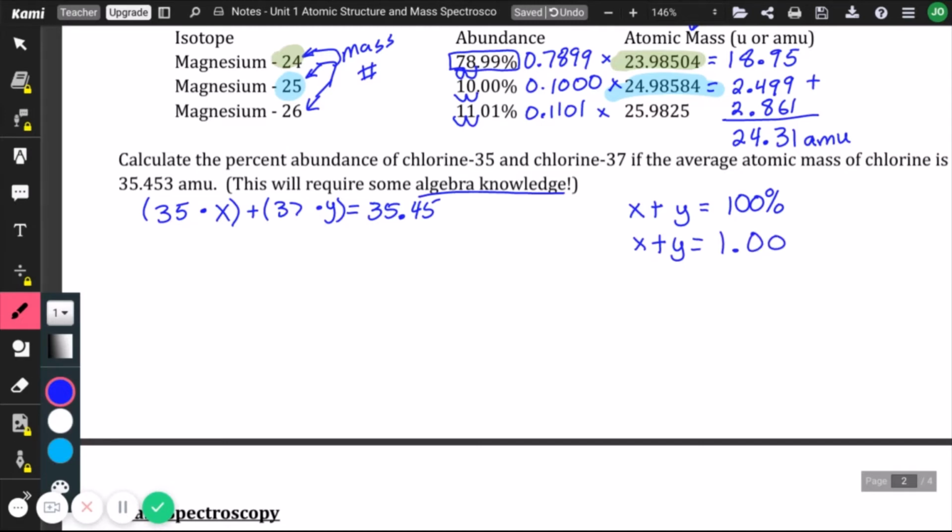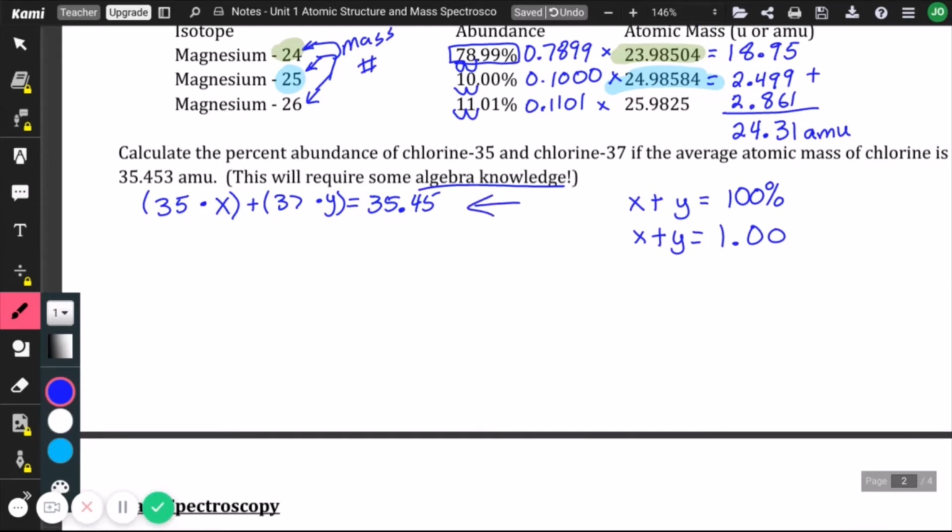I personally like when I'm solving this problem to solve for x. So that's what I'm going to do. I'm going to replace my y with an x. So y equals 1.00 minus x. Now I can replace that y with x. So how do I do that?